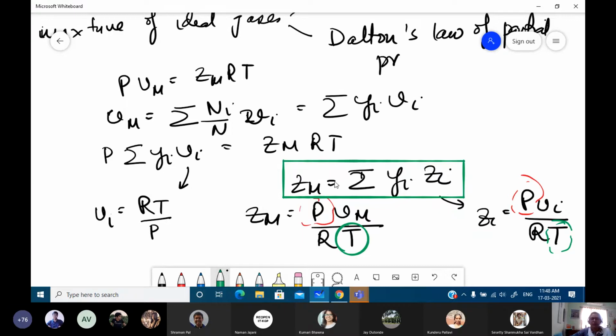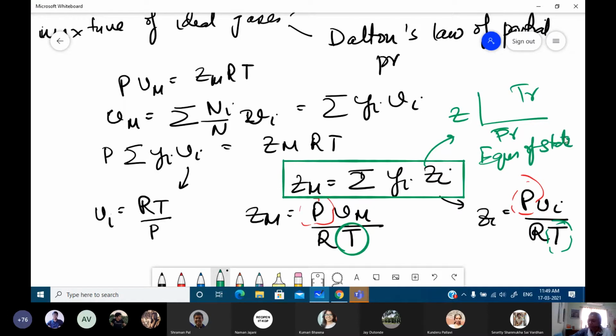So what I have to do in this equation is find Zm. In order to find Zm, I use this equation. I just need to know the composition and the individual Zi's. These individual Zi's can be found from this graph, or from any equation of state.